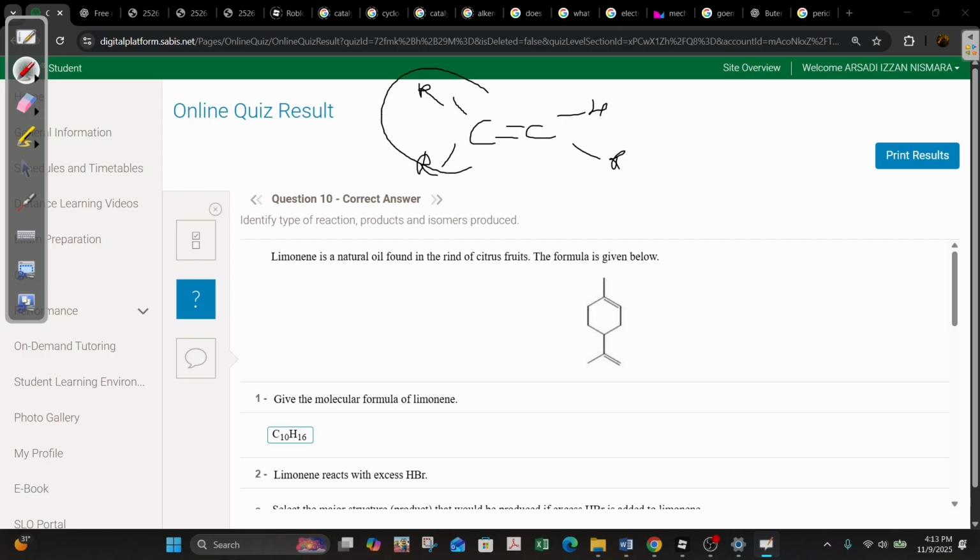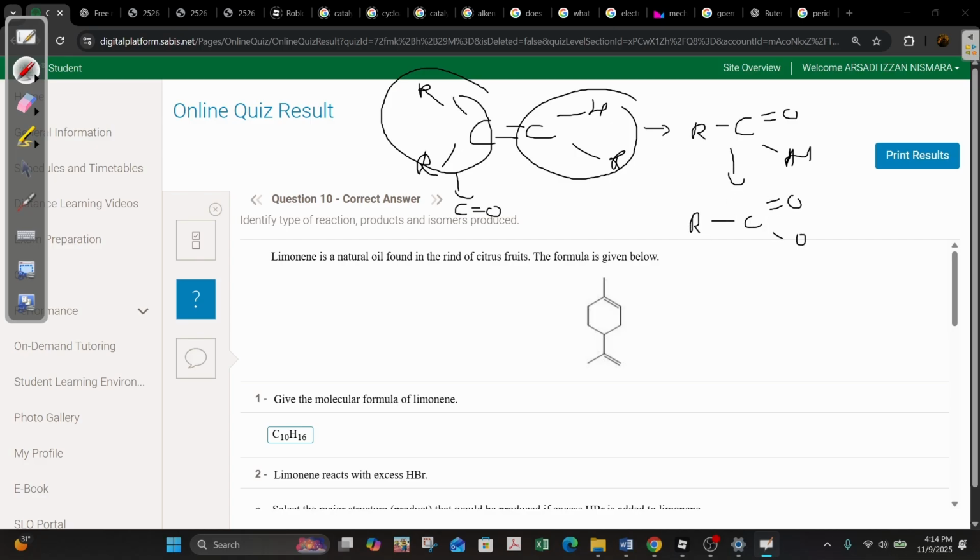You know that this will produce a ketone, C double bond O. And what is a ketone? A ketone is a carbonyl group. So one carbonyl group is produced from the top. And what about this one? This turns into an aldehyde, which then further oxidizes into a carboxylic acid. So from the top, one carbonyl group is formed, and one carboxyl group is formed. This is a carboxyl group.